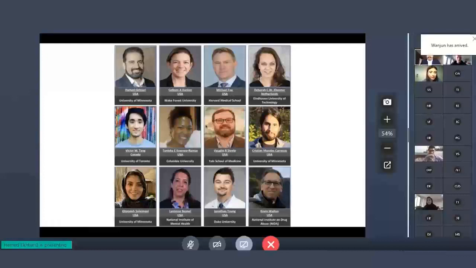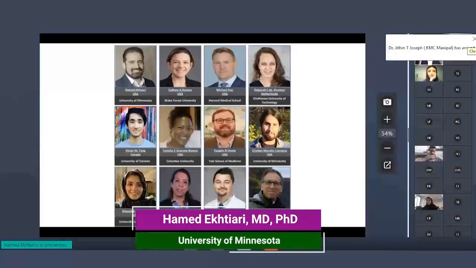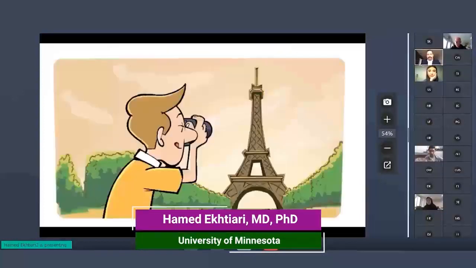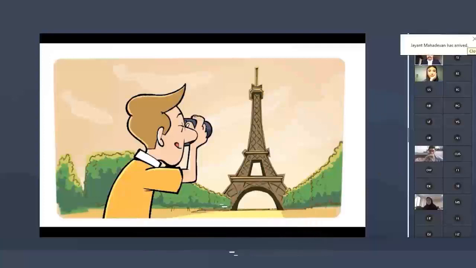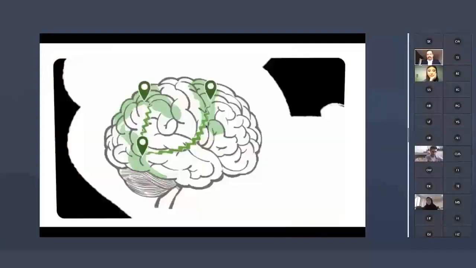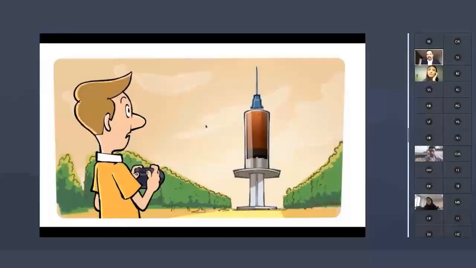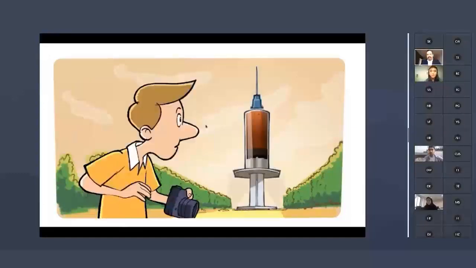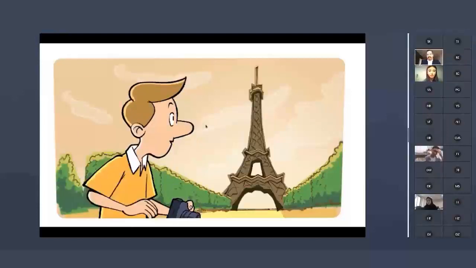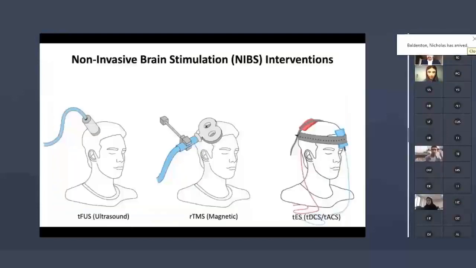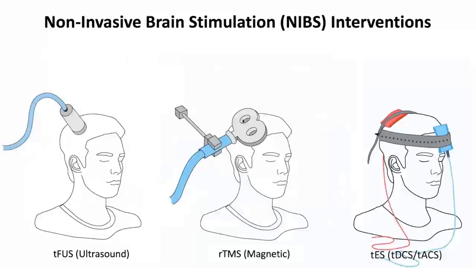It's gonna be a delightful meeting discussing optimization of brain stimulation interventions for people who are suffering from substance use disorder. The basic idea is, as you can imagine, there are neural circuits involved with addiction-related behaviors. And the question is, is there any chance that we can target these networks, these neural circuits, with different non-invasive brain stimulation technologies?